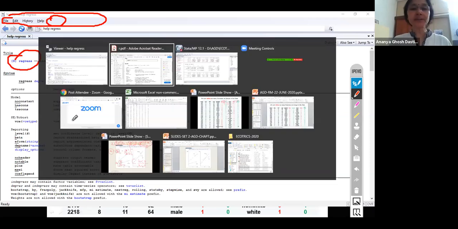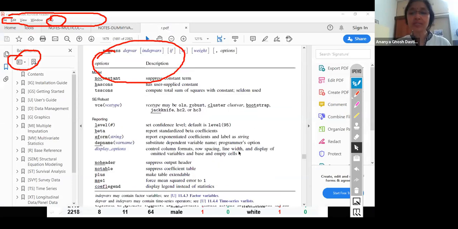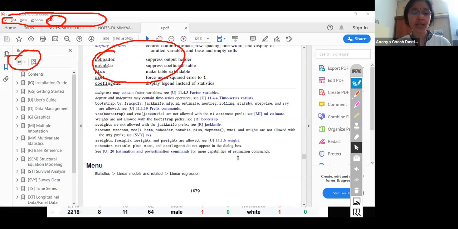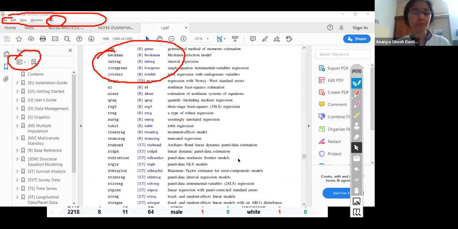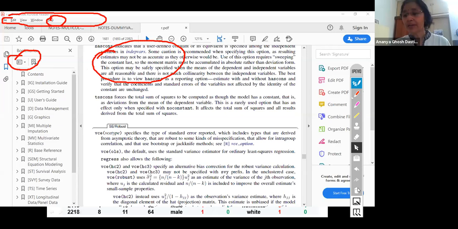So here is the Stata documentation now on your screen. You have got help on the regression function in Stata, and if you go through this, it is just excellent.